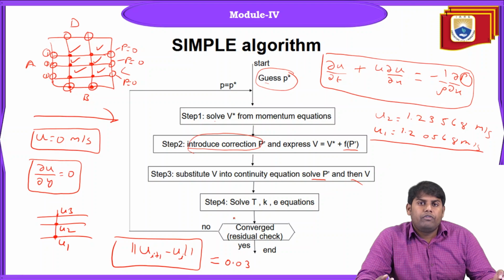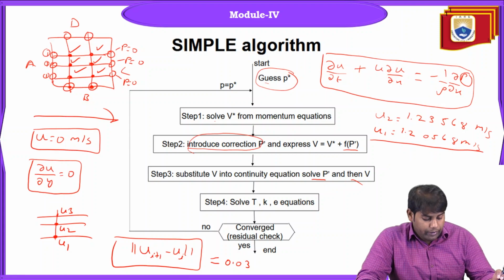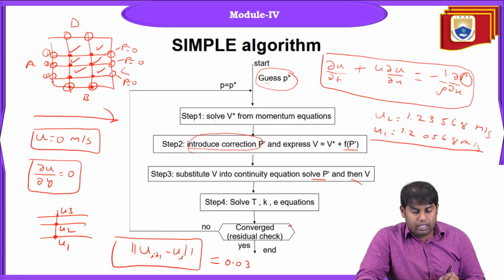Now we will give a condition to stop the simulation. That is nothing but residue. That is called residue. Okay, so the difference between the current step and the previous step is called residue. We usually give a condition as 1e minus 5. The usual residue conditions will be 1e minus 5, 1e minus 7, or 1e minus 8.